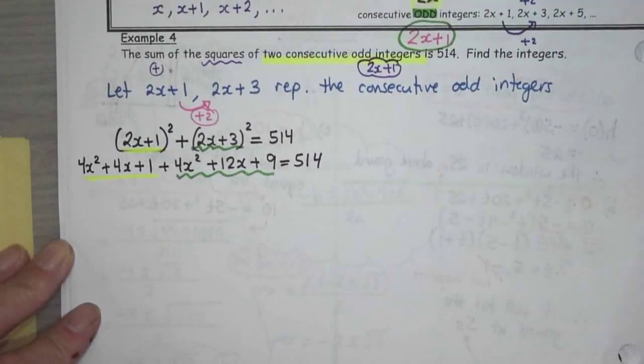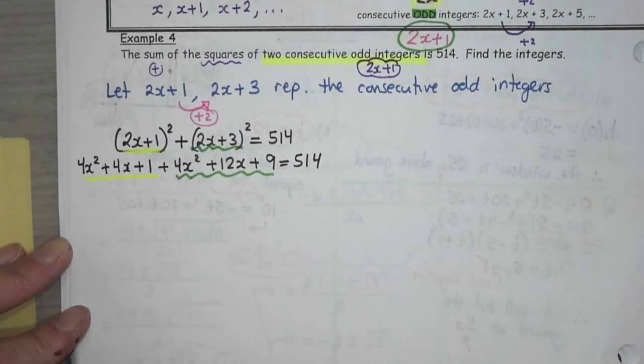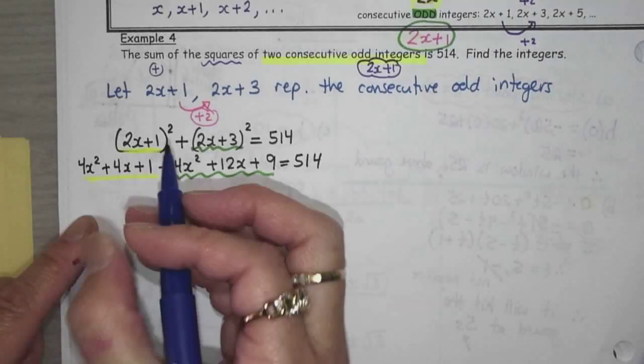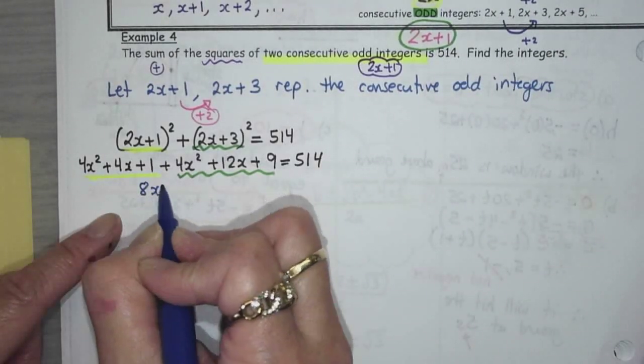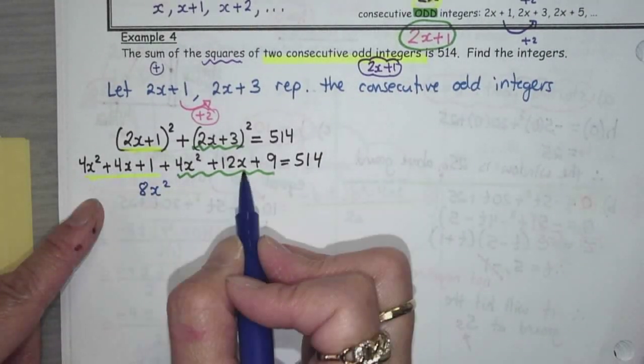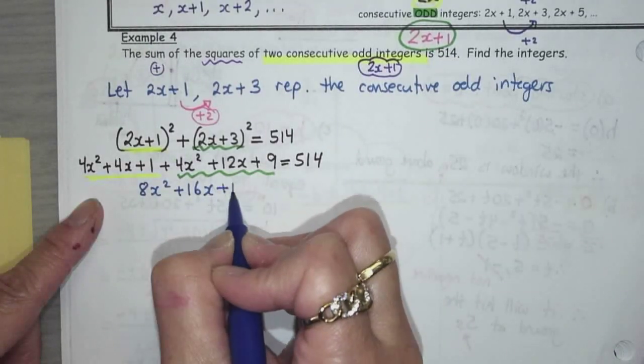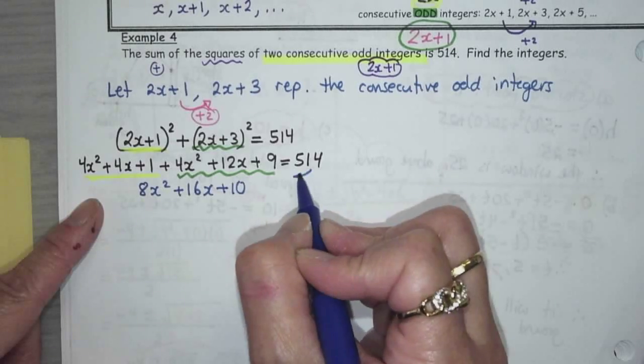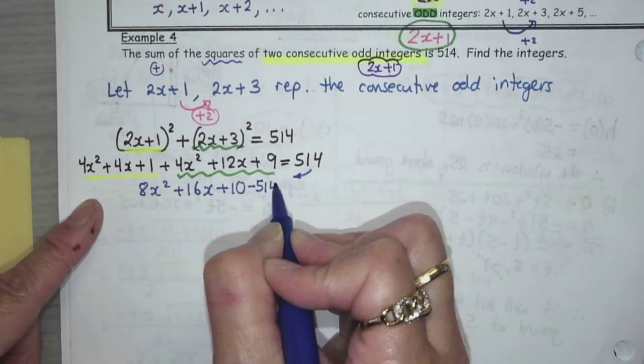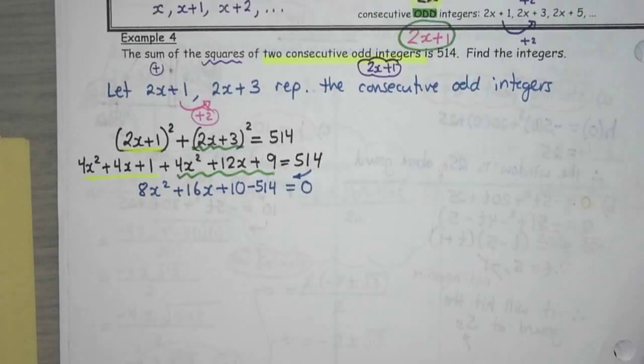Okay. Then we're going to add the like terms. So 4x squared plus 4x squared, so we're good there, is going to get me 8x squared. 4x plus 12x, 16x, plus 10, and I'm going to bring this over, so minus 514 equals 0.